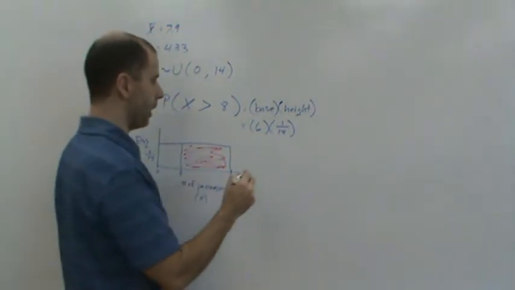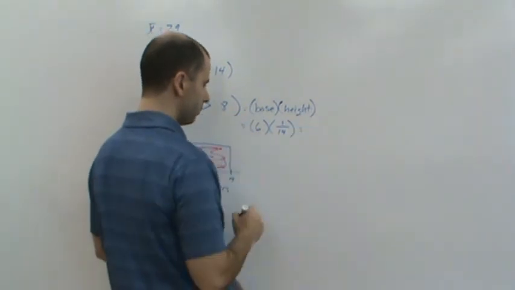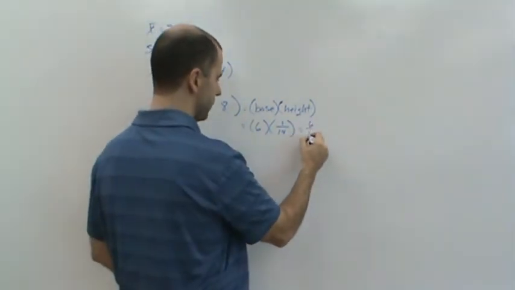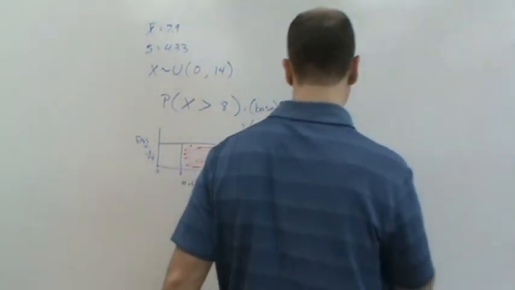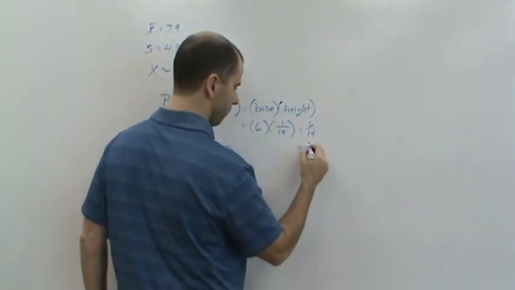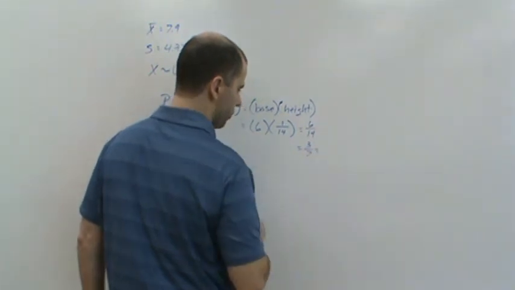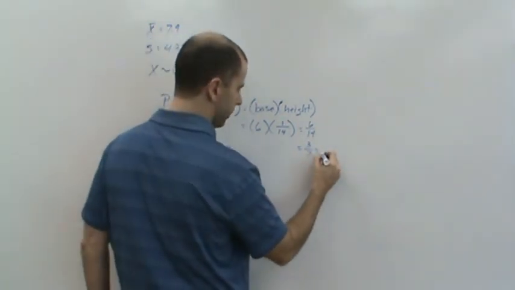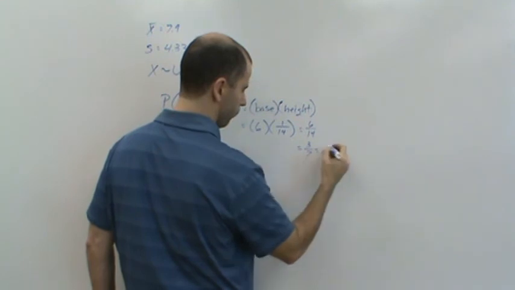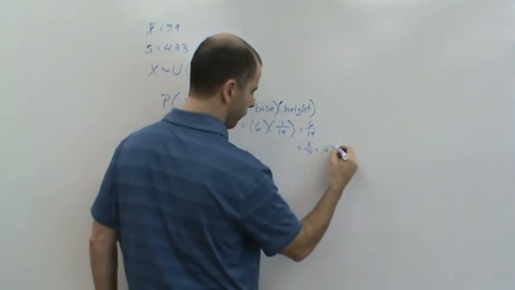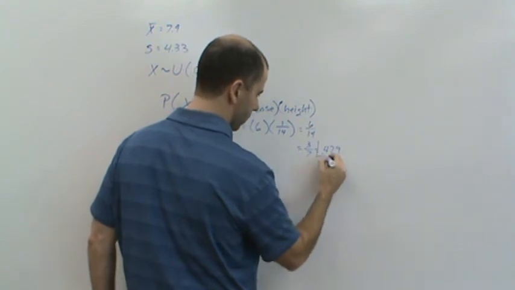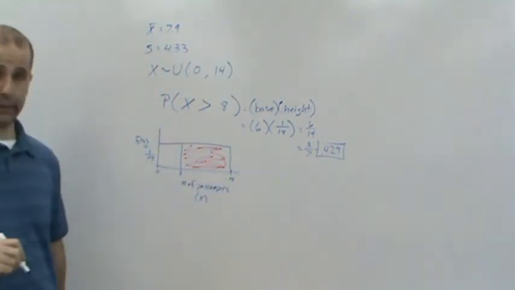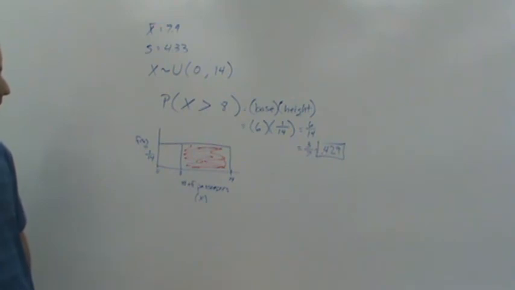So now, what's the probability of being greater than 8? It's going to be 6 over 14, or 3/7, which is going to be equal to 0.429. Okay? And that's it.